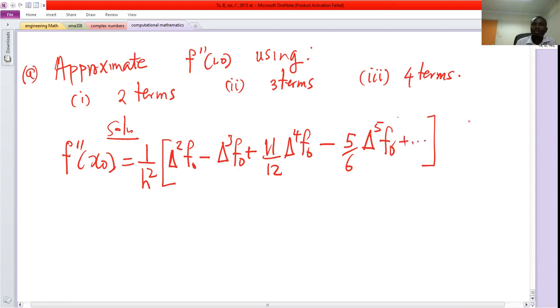So this is the general formula. We are using Newton forward because the value x equals 1 is at the beginning of the difference table.